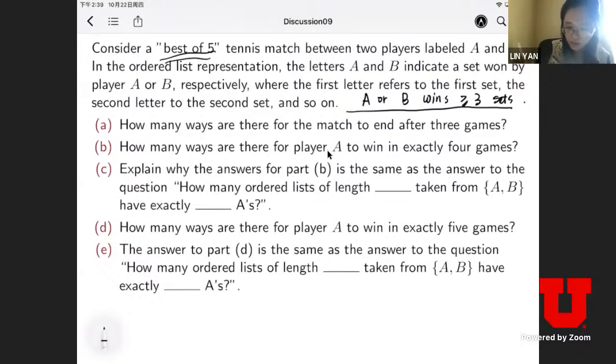And for example, if we have an ordered list like this, it means A wins the first game, B wins the second game, A wins the third game, and so on and so forth.